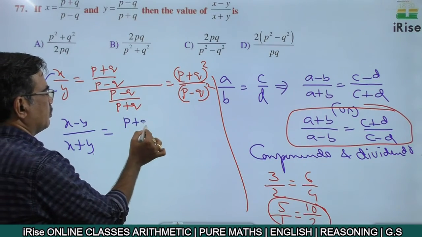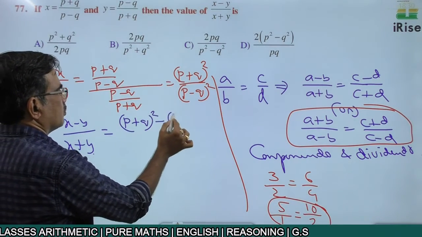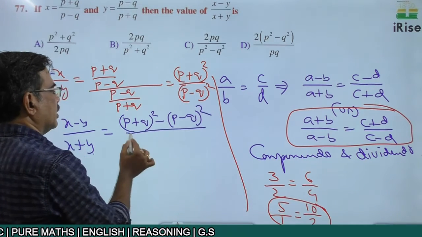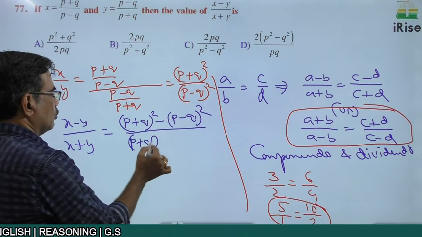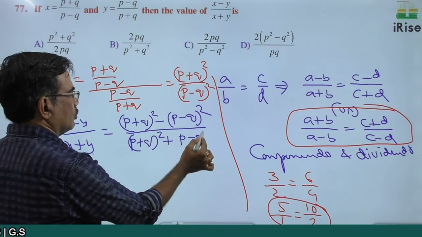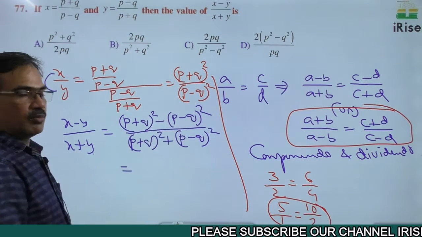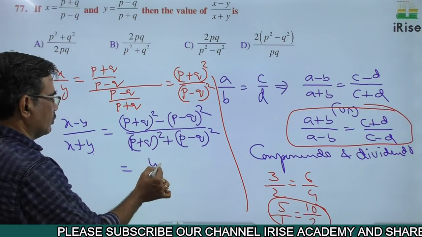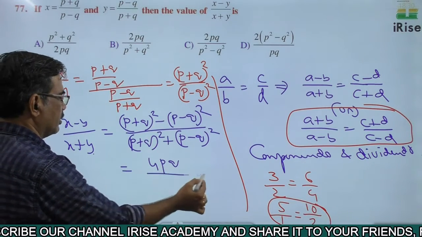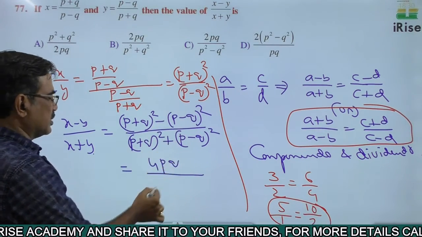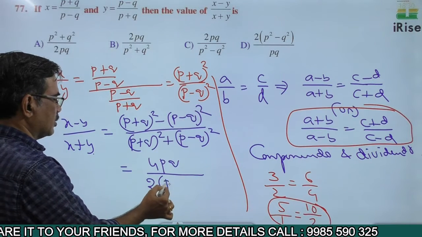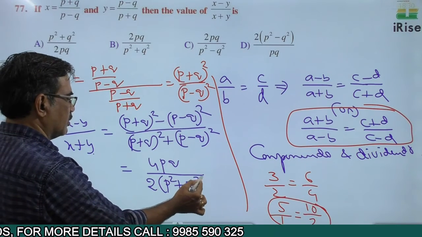So that means (p plus q) whole square minus (p minus q) whole square by (p plus q) whole square plus (p minus q) whole square. This is equal to (a plus b) whole square minus (a minus b) whole square, already you know, 4ab, 4pq, by (a plus b) whole square plus (a minus b) whole square, 2 times (a square plus b square) is the formula.